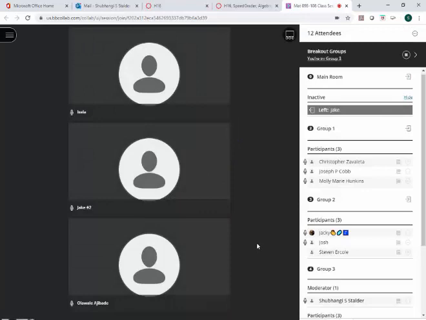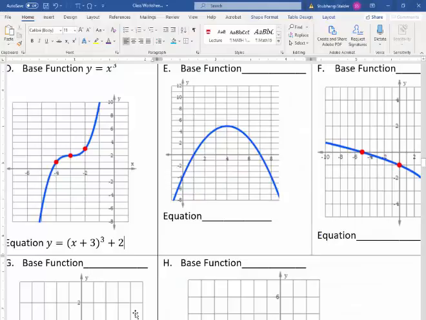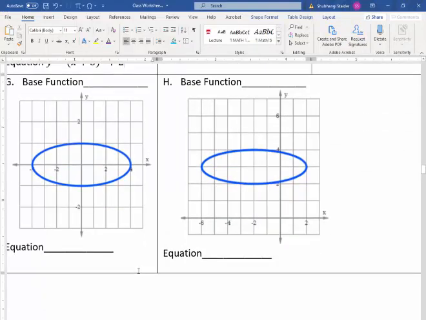All right, how are you guys doing? Which one are you doing? H. What base function are you starting with? Is it x squared plus y squared equals 1? Yep. Good. And then what are you going to do? It's not done anything up and down, so sideways stretch. How much sideways stretch is it? Is it 2?